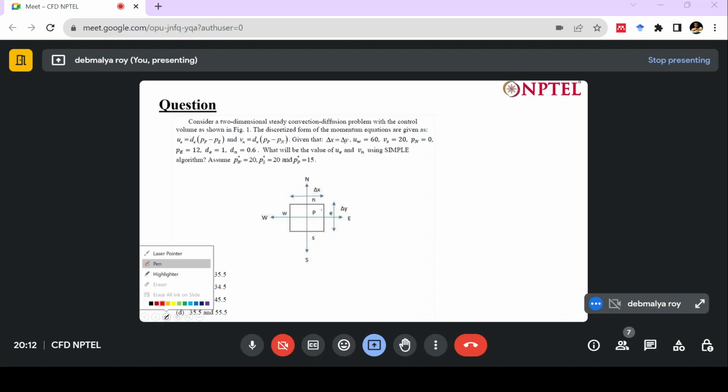Let us write it down here. So let's start. UW is given as 60. So this is 60. VS is given as 20.